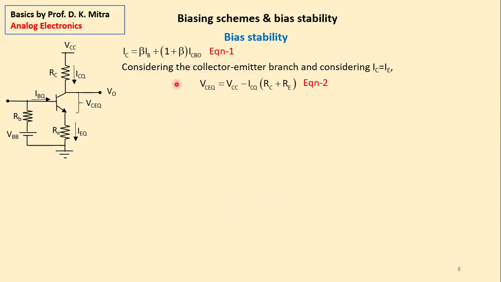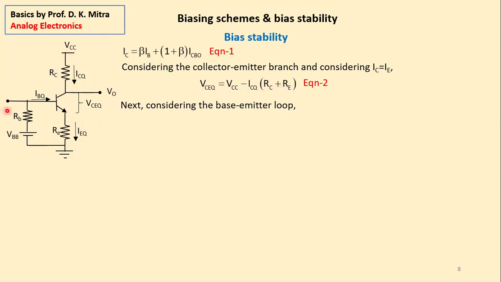Now consider the collector emitter branch, and put in Kirchhoff's voltage law equation: VCE is equal to VCC minus ICQ RC, this potential drop, minus IEQ RE, this potential drop.